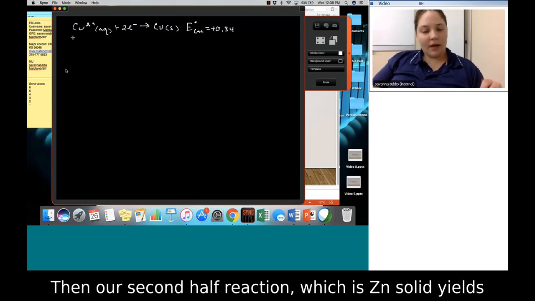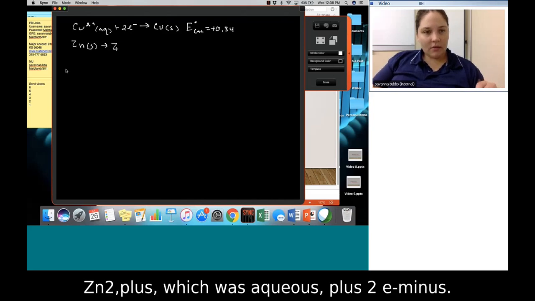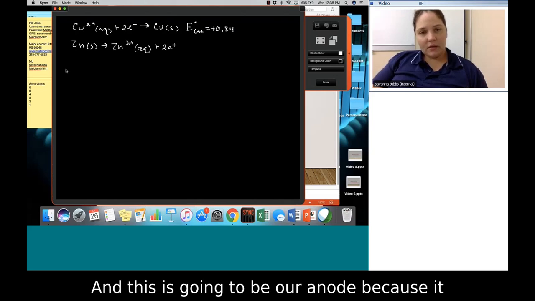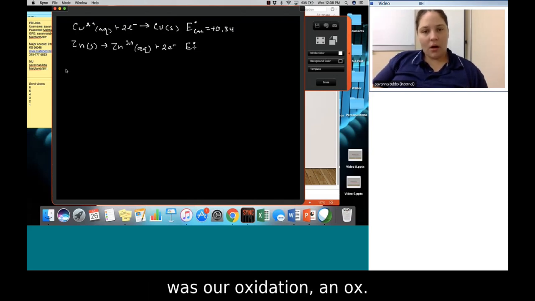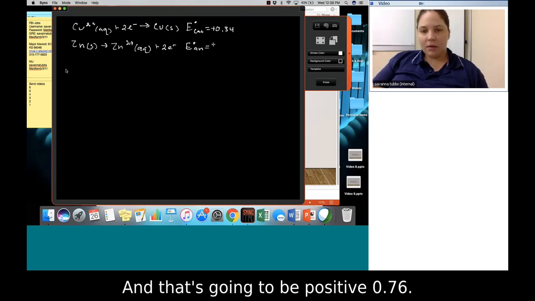We have our second half reaction, which is Zn solid yields Zn2+, which was aqueous, plus 2e-, and this is going to be our anode because it was our oxidation, ox, and that's going to be positive 0.76.